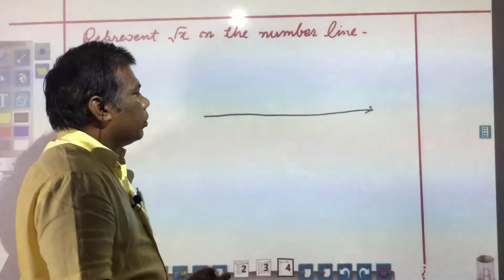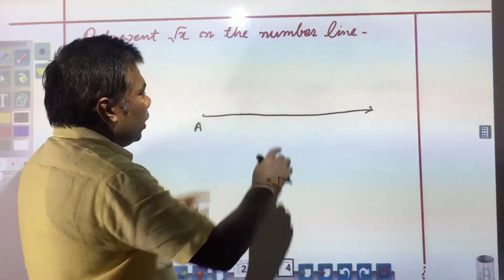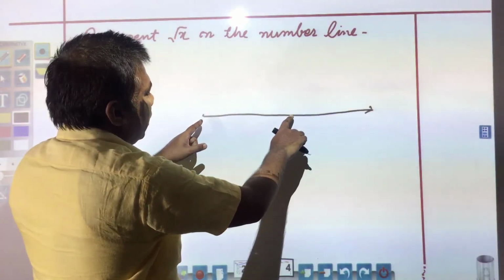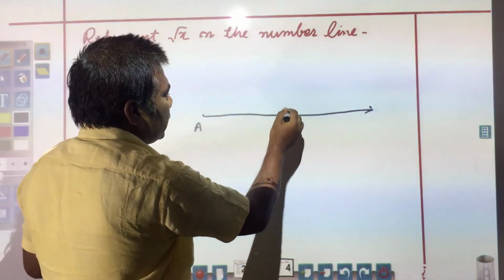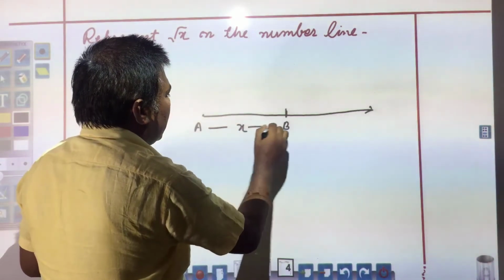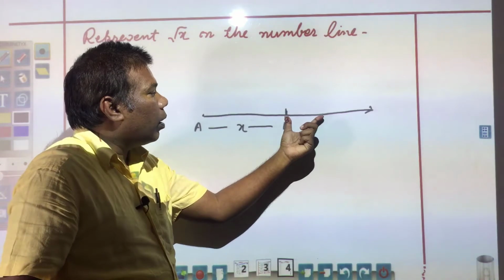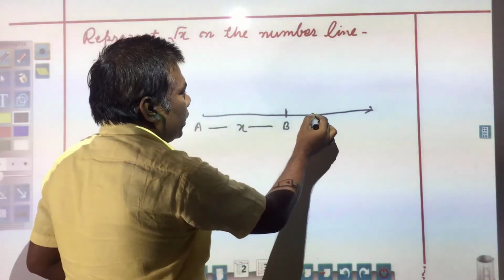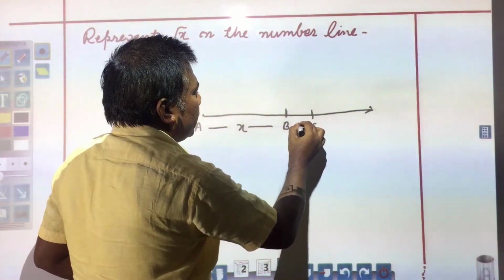Here your point is A. Take a length of x, suppose AB; this is x. Now, 1 unit of length is to be taken from B. Take 1 unit length and name it, suppose this is C, and this is 1 unit.